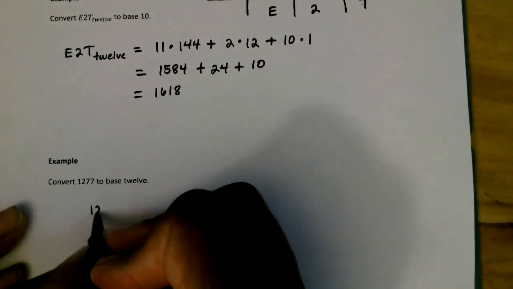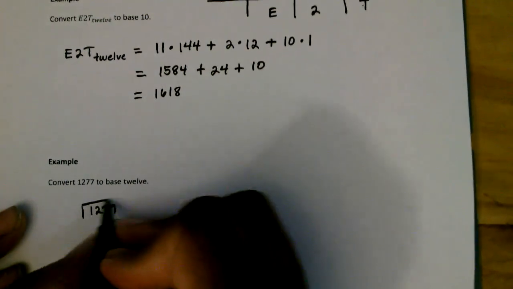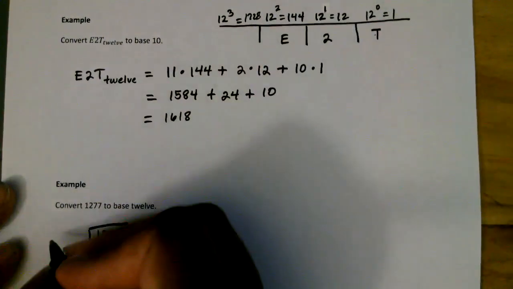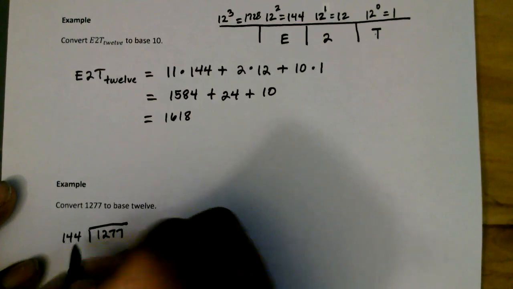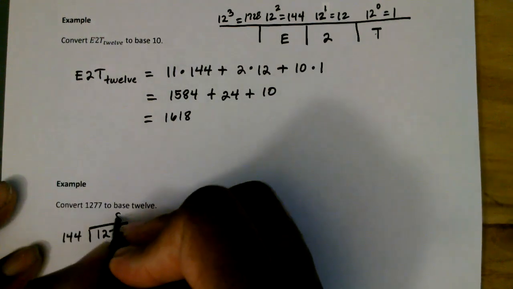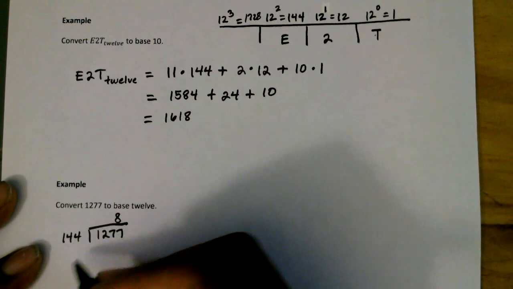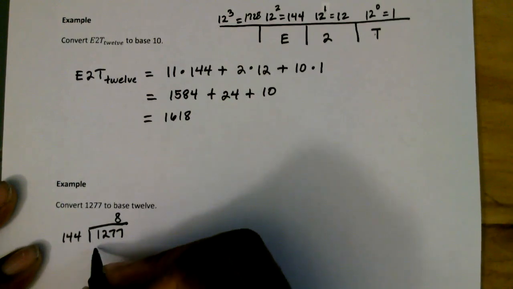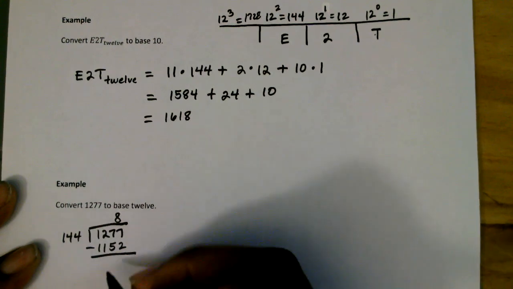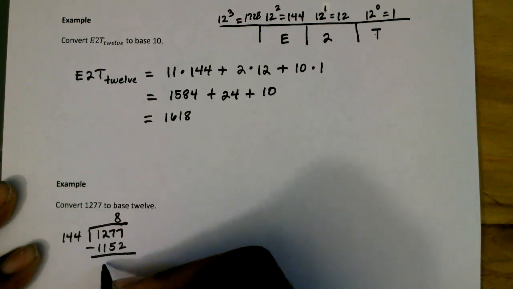So I will start by dividing 1277 by, in this case, the 144. If I divide 144 into 1277, that's going to go, I believe, 8 times. And then 8 times 144 would be 1152.